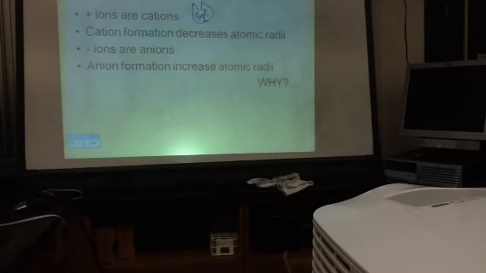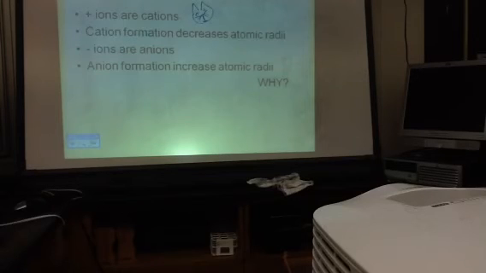I don't care how you feel about cats. Petting your cat is a positive experience. That's a mnemonic for remembering that cat ions are positive ions. Anions are negative ions. Anti, negative. Easy, right?